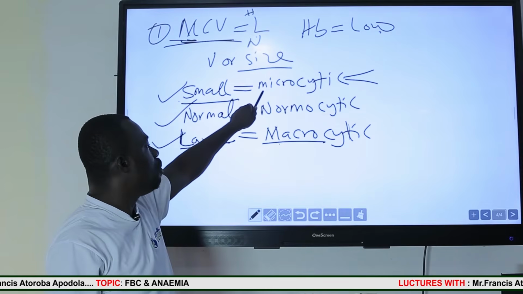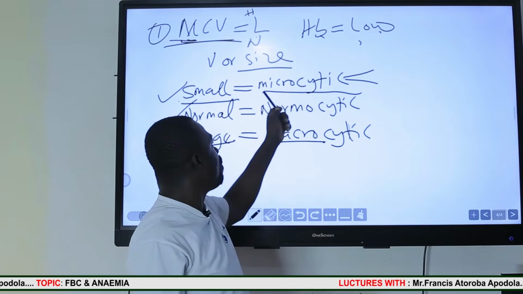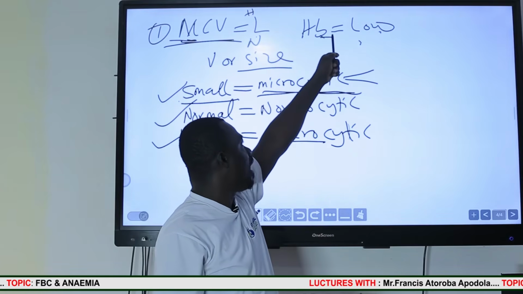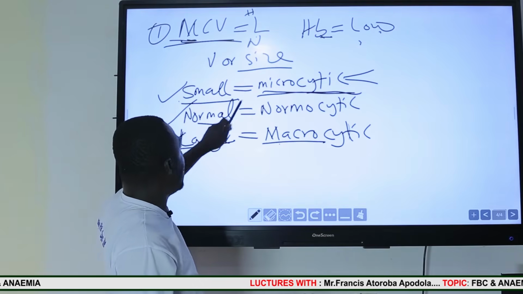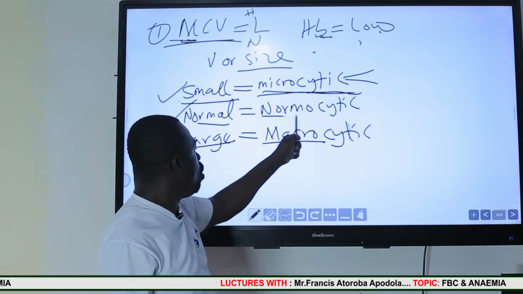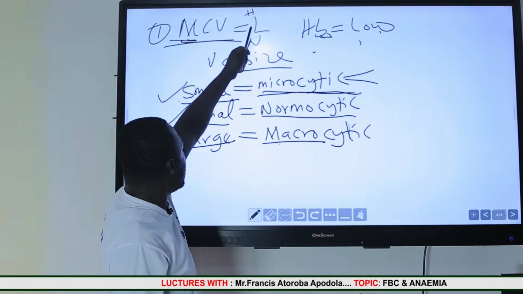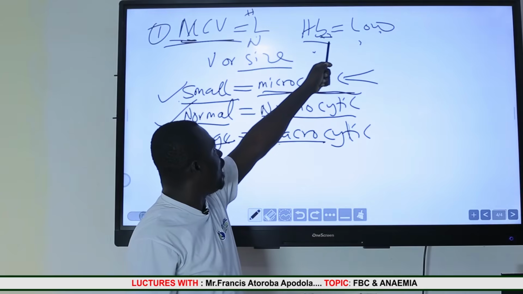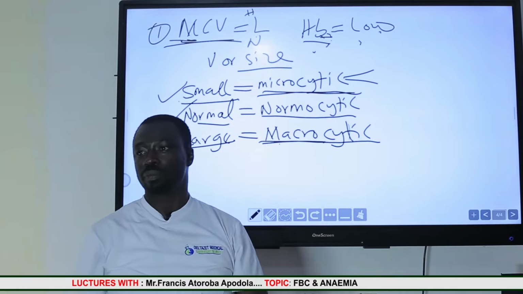It means you are dealing with microcytic anemia, because the HB is low, so that becomes a microcytic anemia. If the MCV is normal and the HB is low, that becomes normocytic anemia. If the MCV is high and the patient has anemia, then that becomes macrocytic anemia.